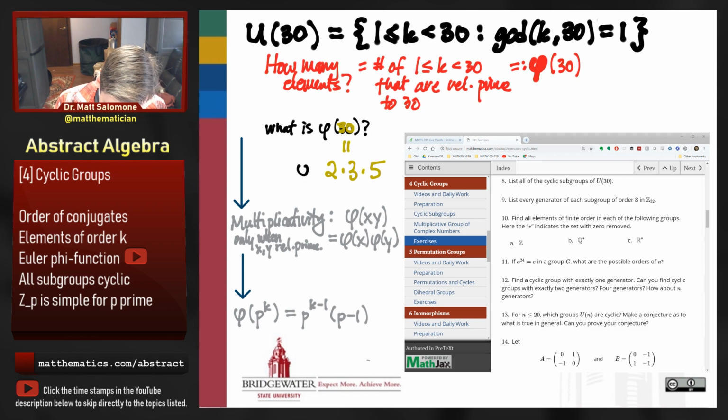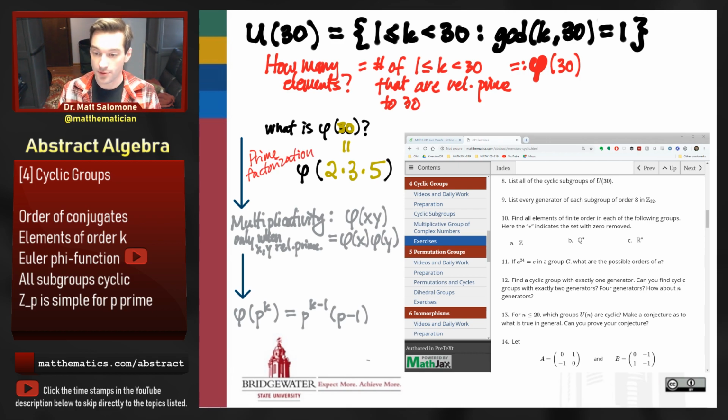So always, my recommendation, anytime you're evaluating a Euler phi function, is first find the prime factorization of that number. So 2 times 3 times 5. And why that helps is that we know for sure that all of the different prime power factors that make up the prime factorization of this integer are not only prime, they're therefore relatively prime one to each other.